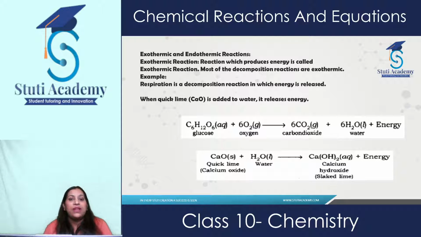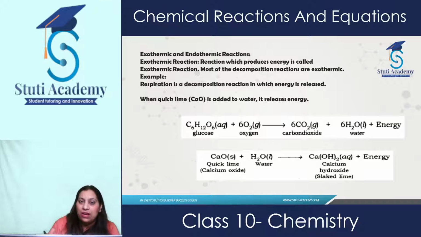Respiration is also an example of an exothermic reaction because when we respire, we release energy. That energy is utilized by our cells for performing various activities in our body. So respiration is a kind of exothermic reaction.